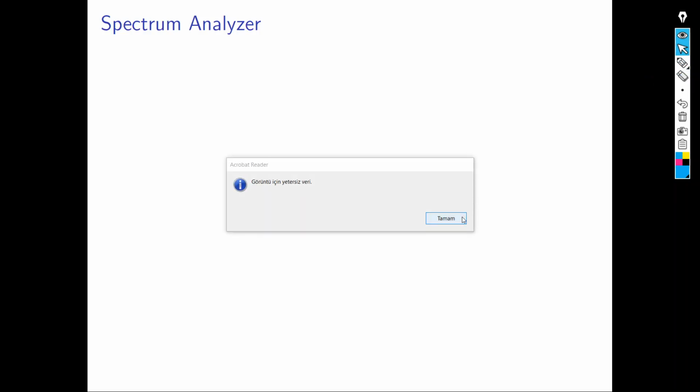So let's get started then with the exact definition of frequency modulation and phase modulation, and how we are going to achieve that. But before that, let me give you an example about some of the tools that we use in order to see the spectrum, the frequency spectrum that we usually deal with.